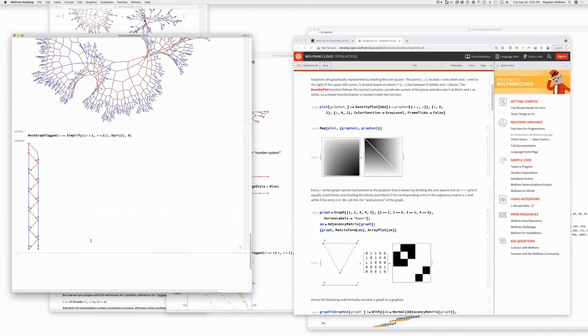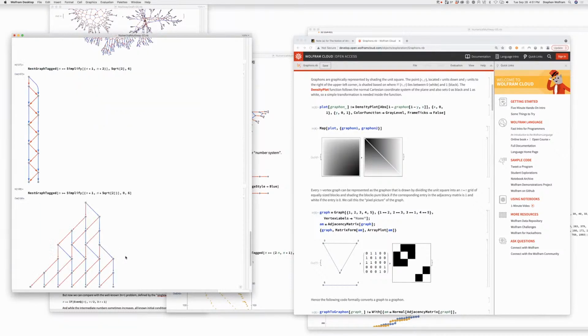We always get a ladder. If we do n+1, n plus square root of 2, starting from whatever we want to start from, 0, we will get a tree, I believe. Oh yeah, we get a grid because of the commutativity of addition. Right. Makes sense, guys? Makes sense.